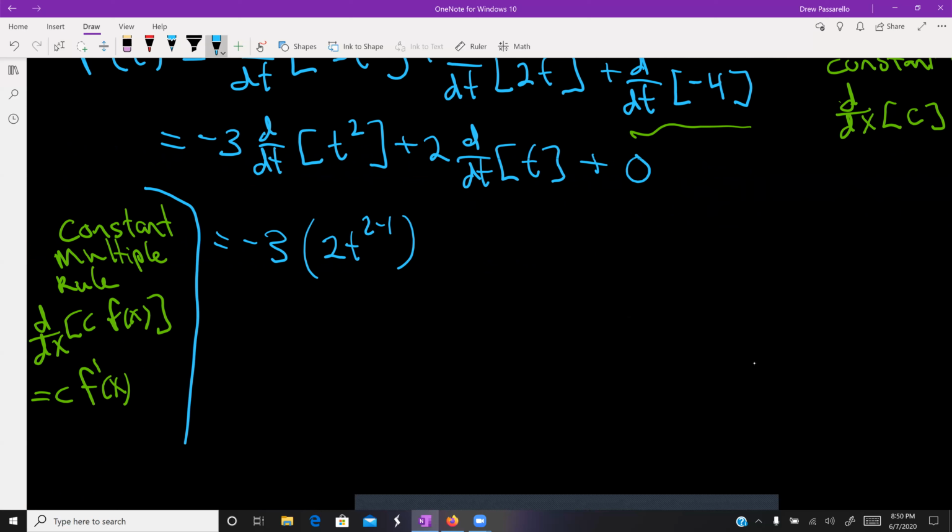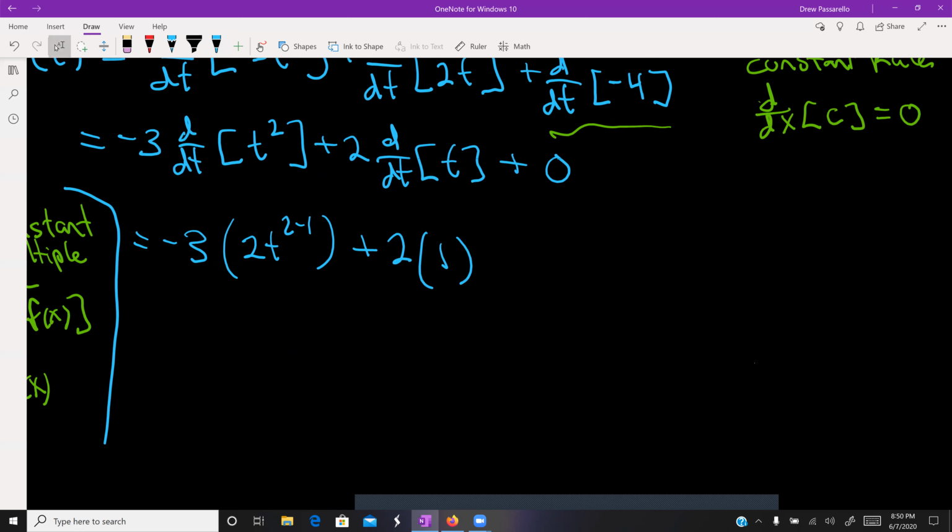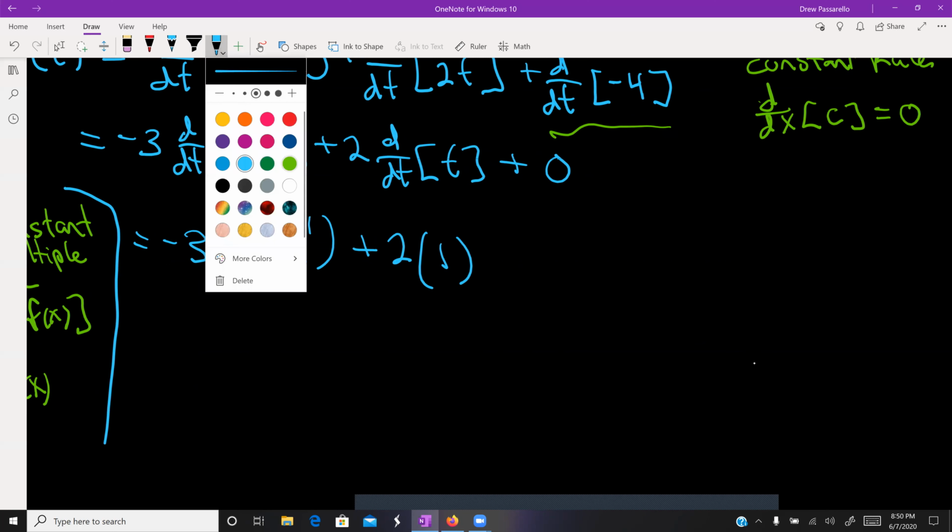Then I have plus 2, and then I take the derivative of t. That's using the special case of the power rule. The derivative of t turns into just 1. And since at the end I have plus 0, you can just ignore that. So I'm just going to leave it like this. So I used the power rule.